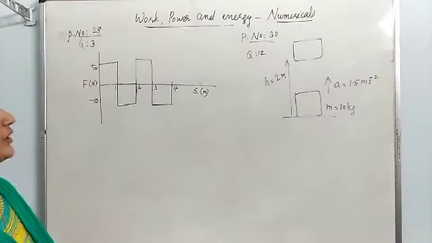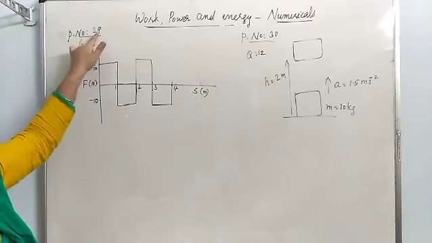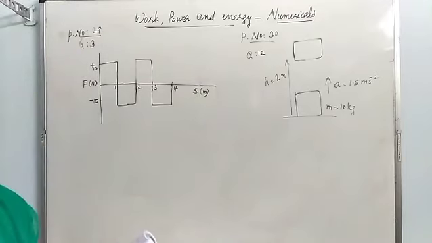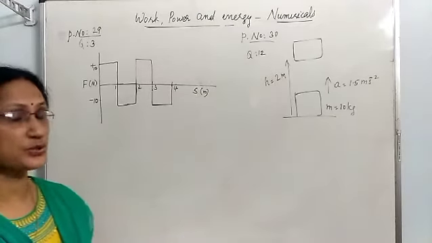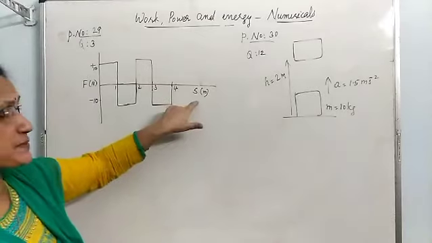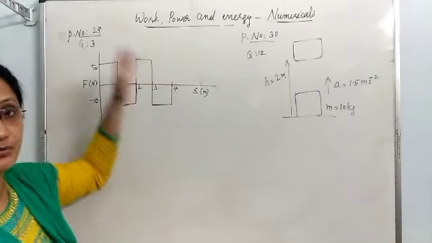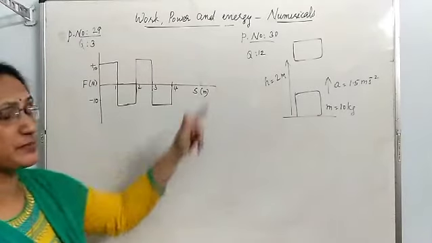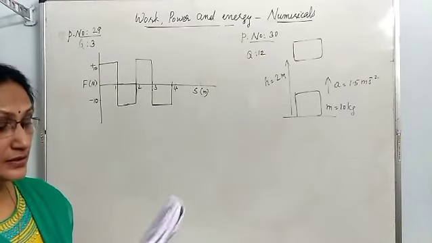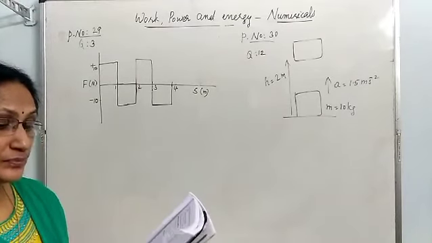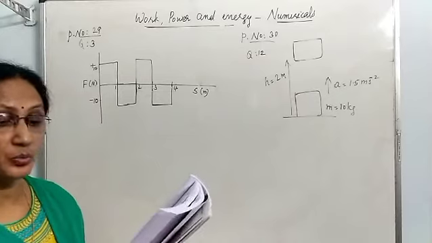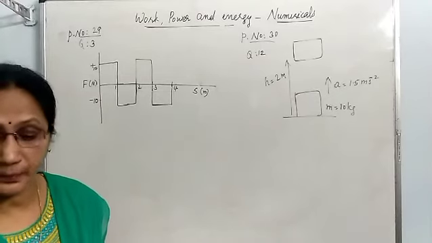Let us solve another numerical from page number 29, question number 3. The given figure shows a force displacement graph. Force on y-axis, displacement on x-axis. Then from this graph, find out the work done by the particle.